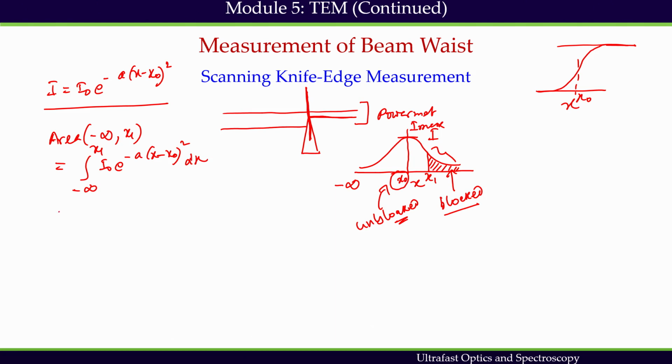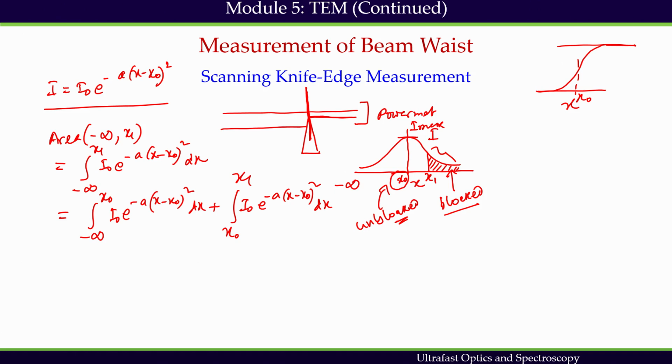I split this into two regimes: minus infinity to x naught of I naught e to the power minus a (x minus x naught) square dx, and the other regime, x naught to x1 of I naught e to the power minus a (x minus x naught) square dx. So, these are the two regimes I have separated.